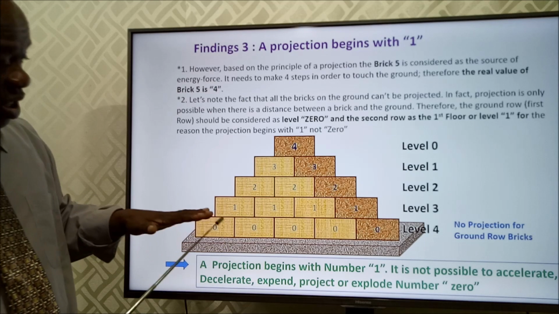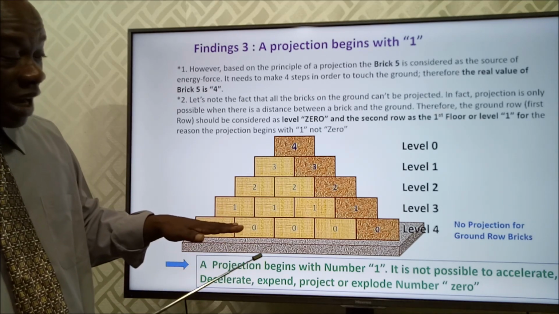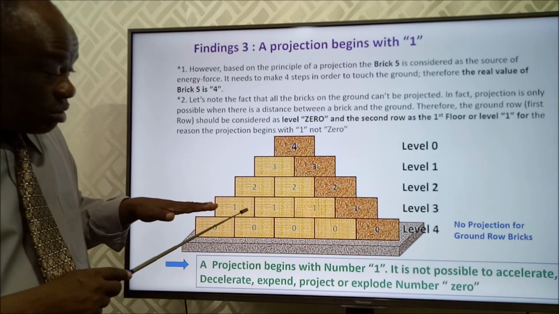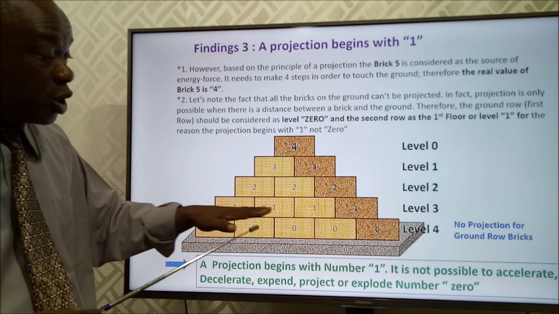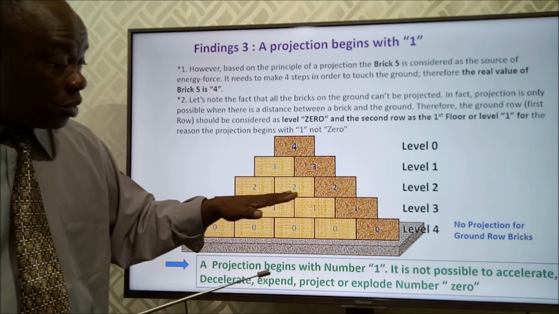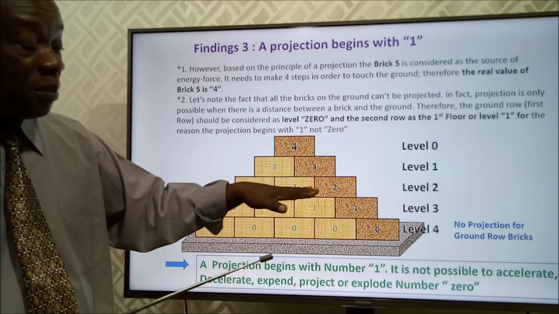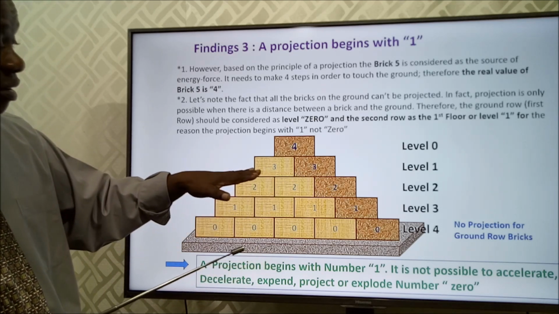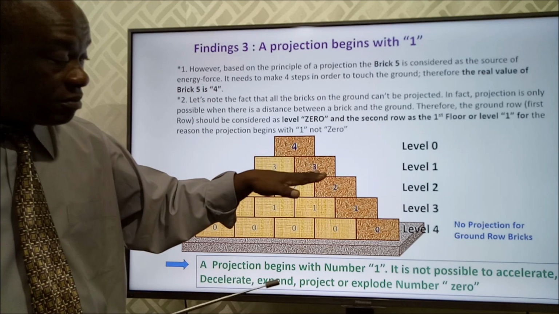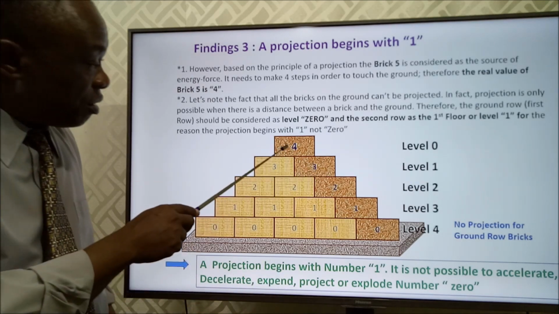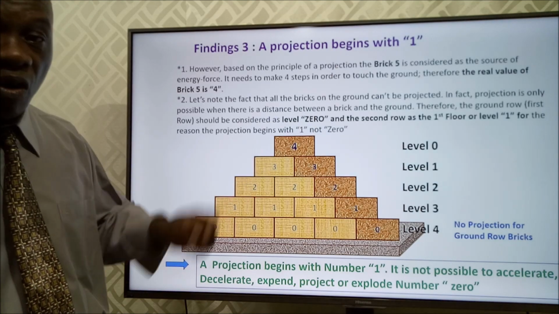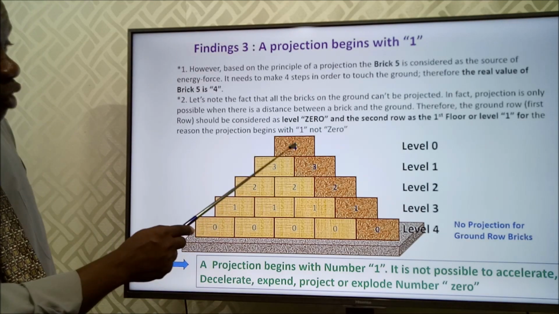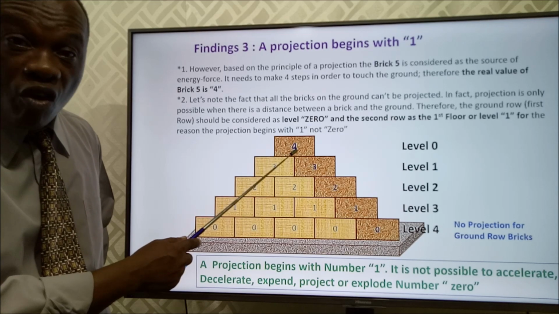So here we say that because of that, only the second row here will be recorded as 1. The third row will be 2. The fourth row will be 3. And the fifth row will be 4. So the value of this brick is 4.